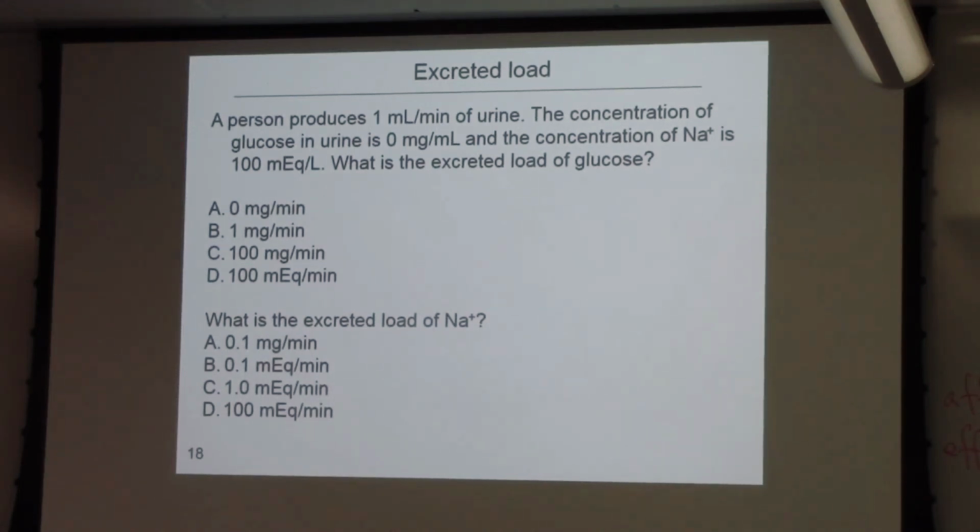A person produces 1 mil per minute of urine. That's typical. The concentration of glucose in urine is 0. You don't have any glucose in your urine unless you're a diabetic. The concentration of sodium in urine is about 100 milliequivalents per liter. That's typical. What is the excreted load of glucose?